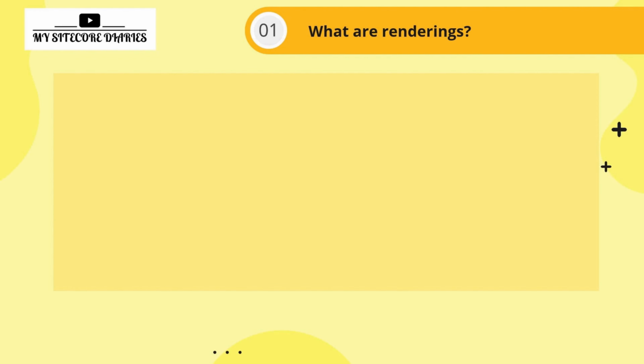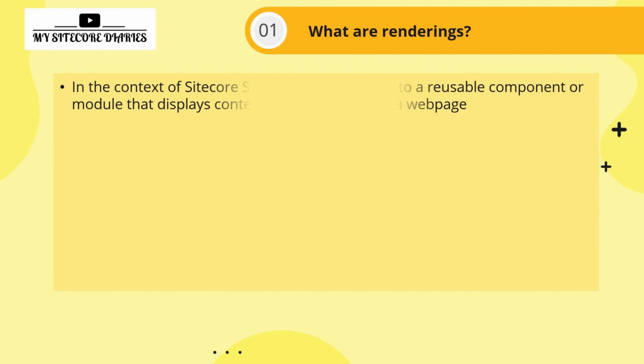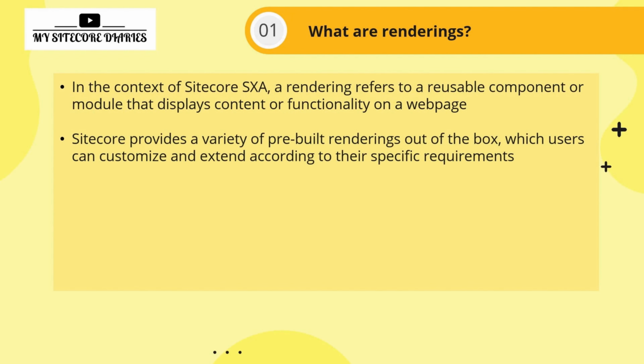So first thing is, what are renderings? In the context of Sitecore SXA, a rendering refers to a reusable component or module that displays content or functionality on a web page. Renderings are nothing but a reusable component which you can use on multiple pages. It can be a component, a module, or any functionality on the web page.